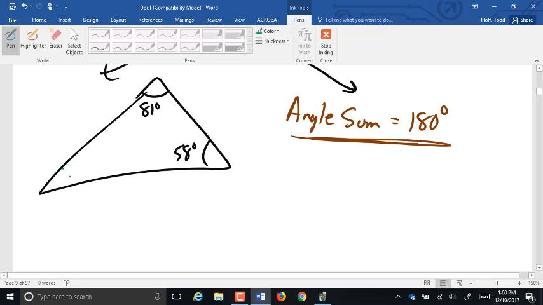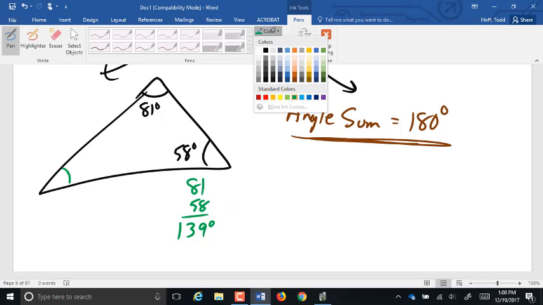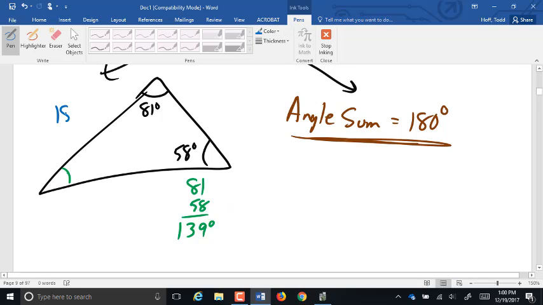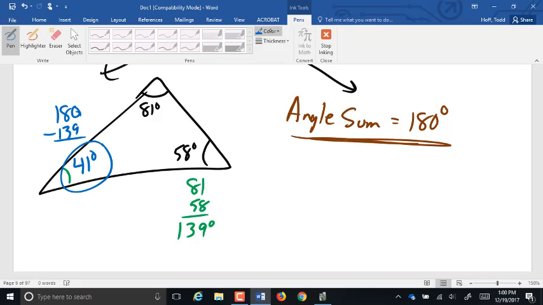So if I know these two angles, I can find this one. By adding those together, 81 plus 58 is 139 degrees, and then subtracting it from 180. So this has to be 41 degrees here. Makes sense?